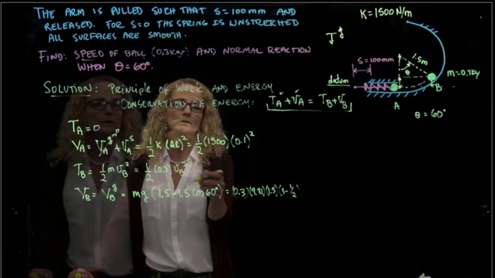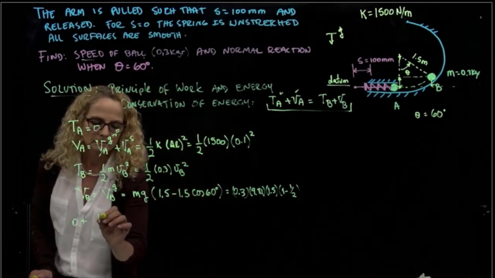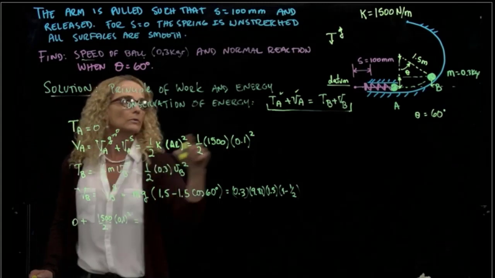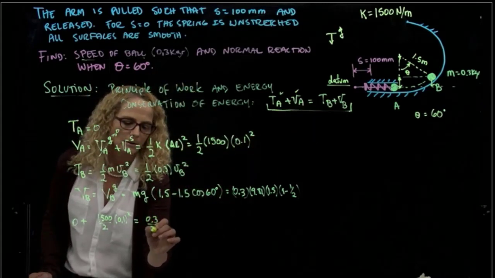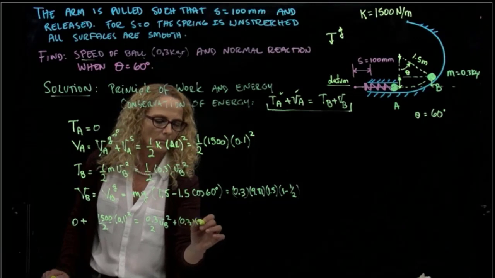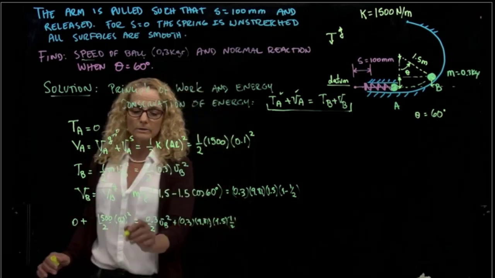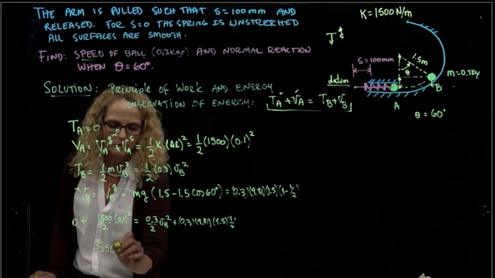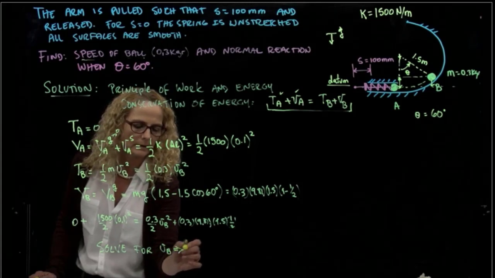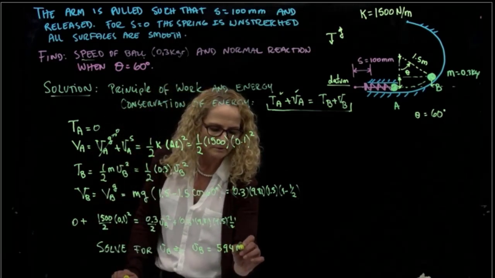So if I plug in all these values, kinetic energy plus potential energy equals kinetic energy plus potential energy, I can solve for the velocity at B. Then I get that the velocity at B is equal to 5.94 meters per second.